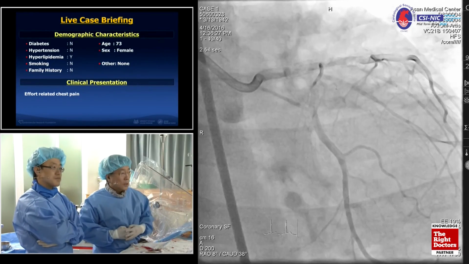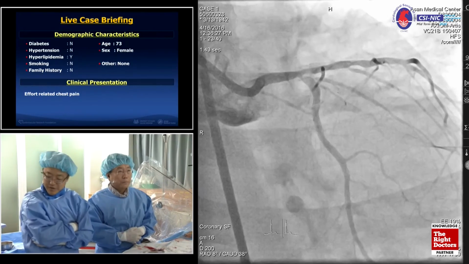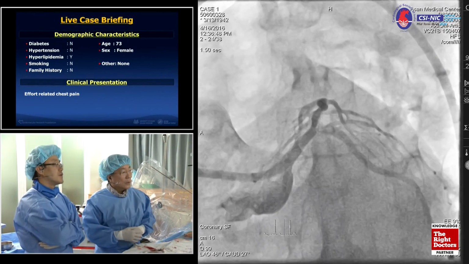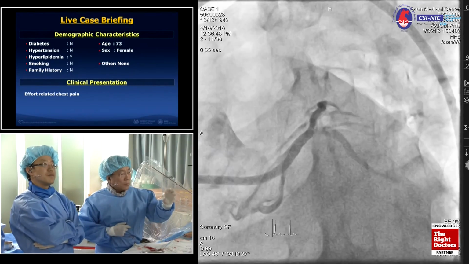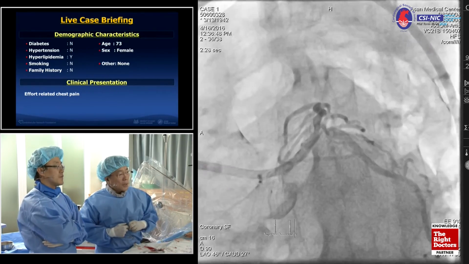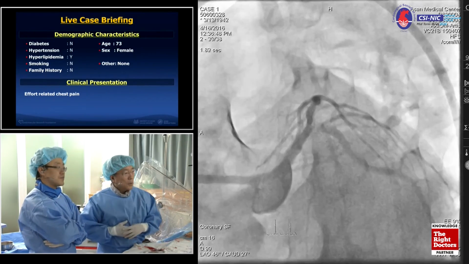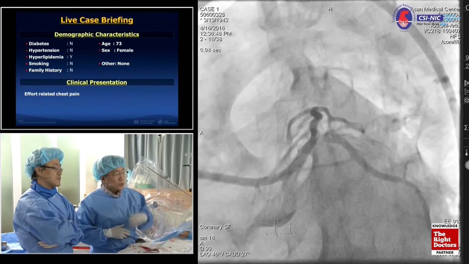This is clearly a significant stenosis. Would you show another view? Yes, the spider view. It's clear: a very tight stenosis at the circumflex ostial part, and some intermediate stenosis in the LAD stented segment.